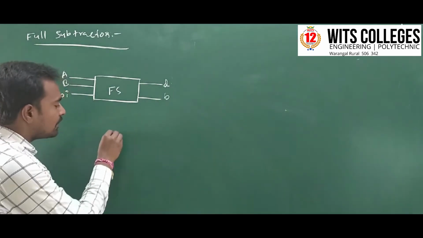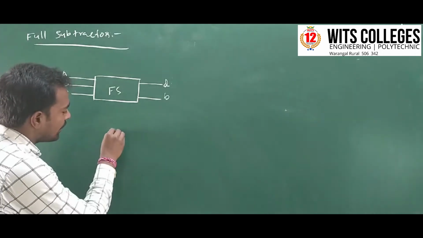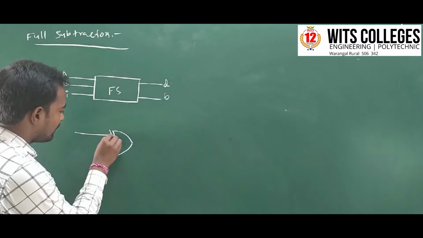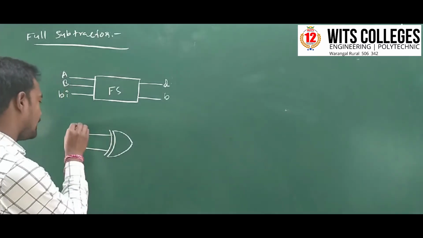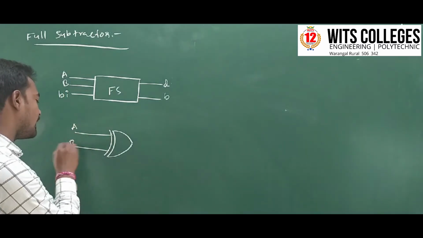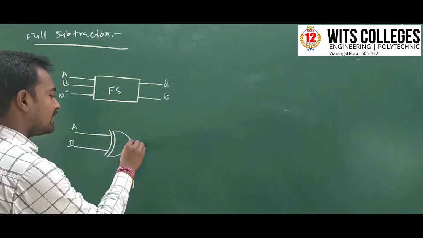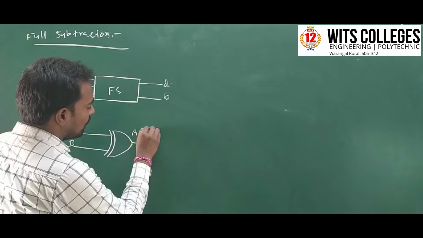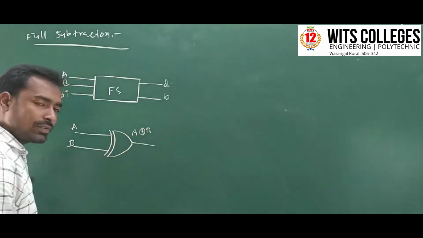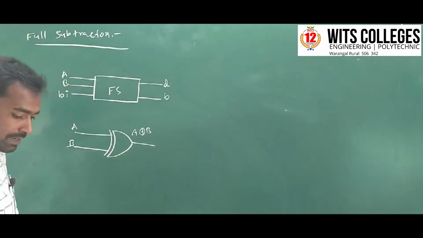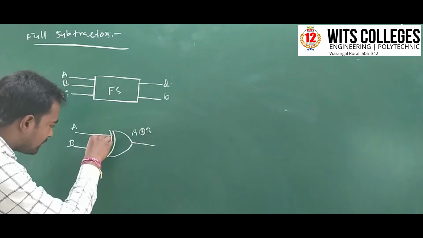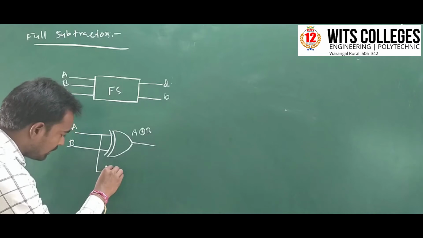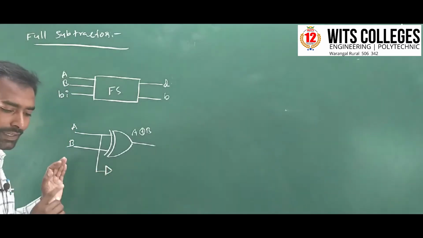Here I am using one exclusive OR gate, and both inputs like A and B, and this gives the output of A exclusive OR B. So here this is a complement, and here I am connecting one NOT gate.